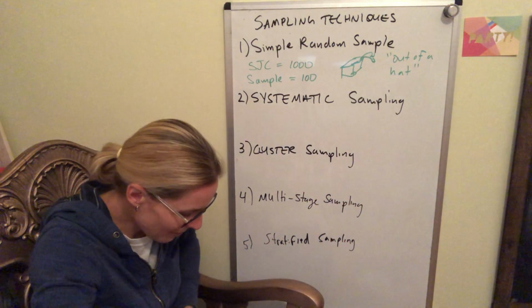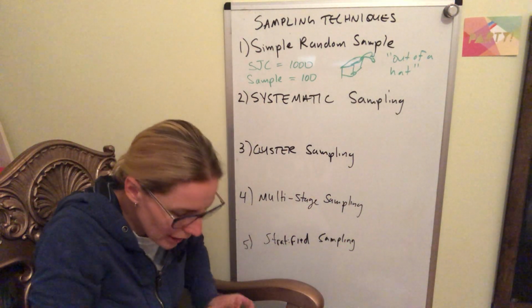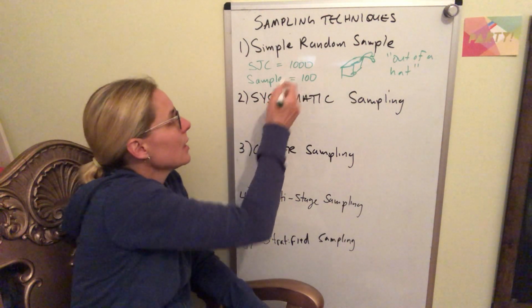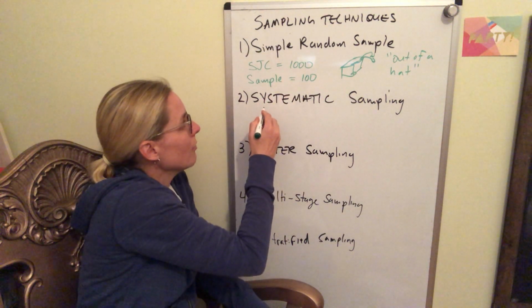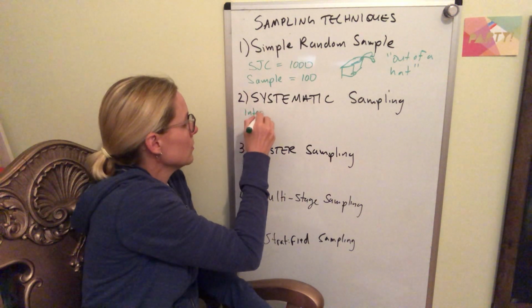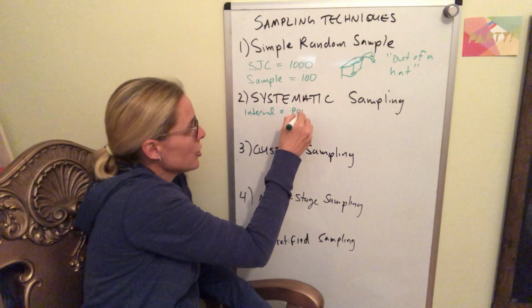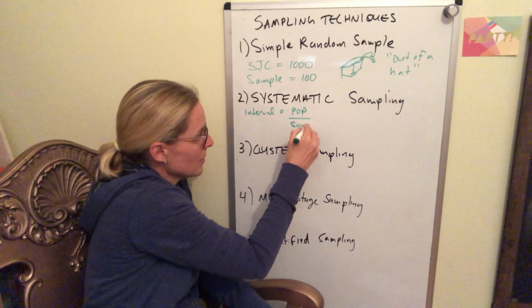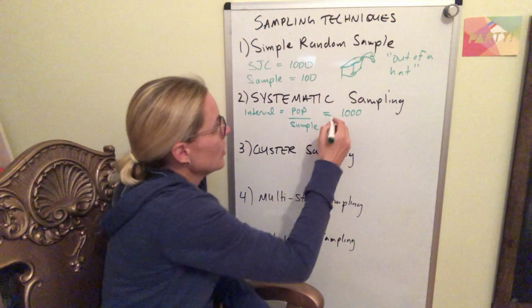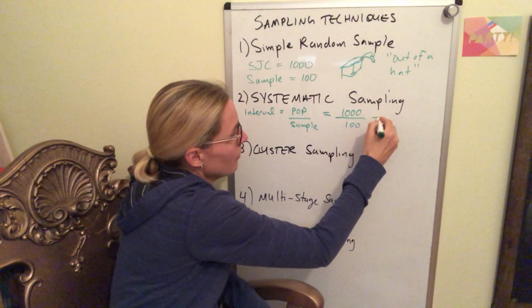In systematic sampling, you're now splitting it into intervals. If we take this exact same thing, the formula that you're going to use is the interval equals your population size over your sample size. So in our case, we have 1,000 people at St. John's, say. We want to sample 100 of them.